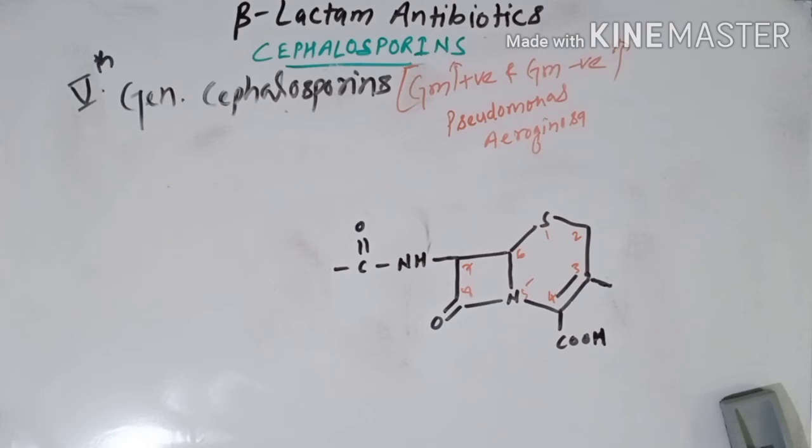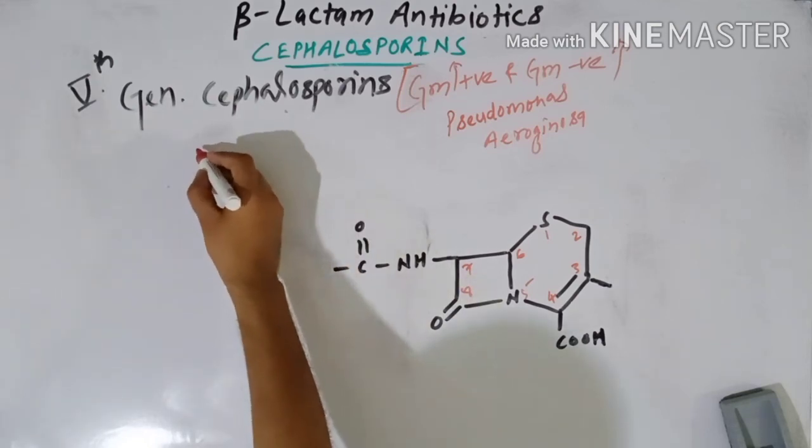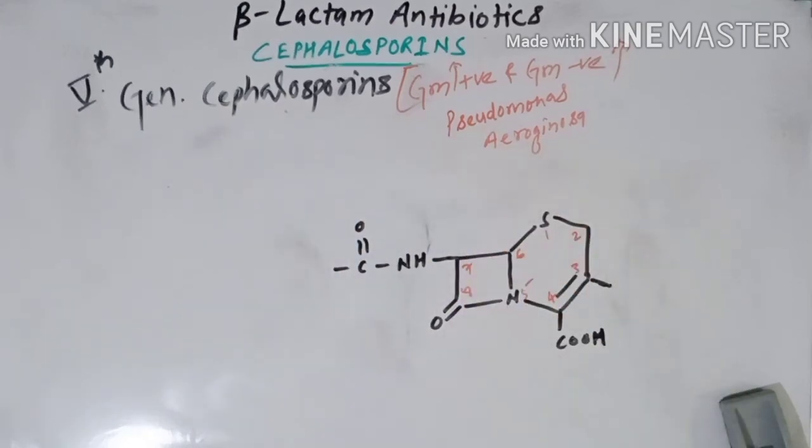So in vitro they show highest and improved activity against Pseudomonas aeruginosa, and they are generally used in the treatment of hospital and community acquired pneumonia. So this fifth generation cephalosporin is generally used in the treatment of severe cases of pneumonia.